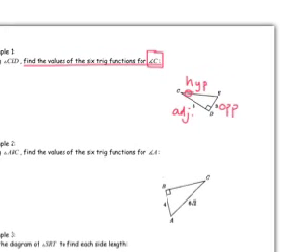We can just use the Pythagorean theorem. The Pythagorean theorem is a squared plus b squared equals c squared, where c represents the hypotenuse. So 3 squared plus 6 squared equals c squared. So 3 squared is 9 plus 36 equals c squared. So 45 equals c squared. And we take the square root.